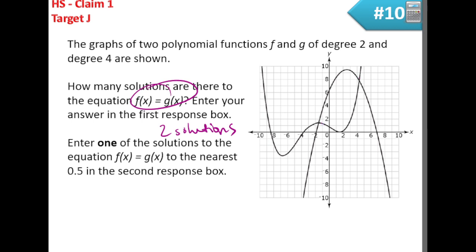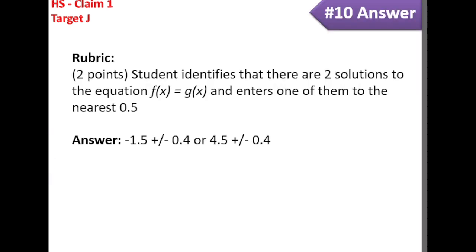Actually not y value, x value. So in this one, it is negative 1.5. This here is not even close to a 0.5. This one's about 4.2. So your answer would be this, negative 1.5. Yeah. Either one.